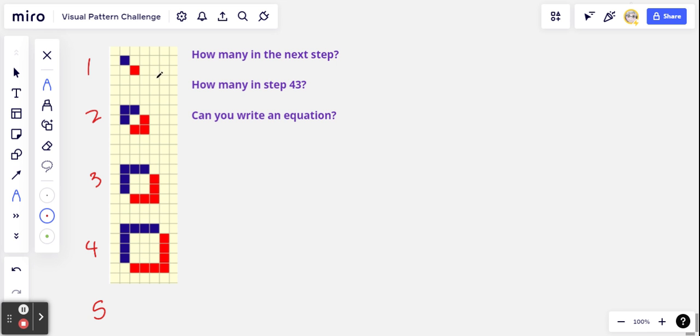All right, so this is an interesting looking one. I guess what I noticed first is we've got a blue square and a red square, and then it looks like maybe they're expanding as squares. So this could be a 4x4 blue square and a 4x4 red square, except where they overlap, it all disappears. And that seems to be going on in step 3.